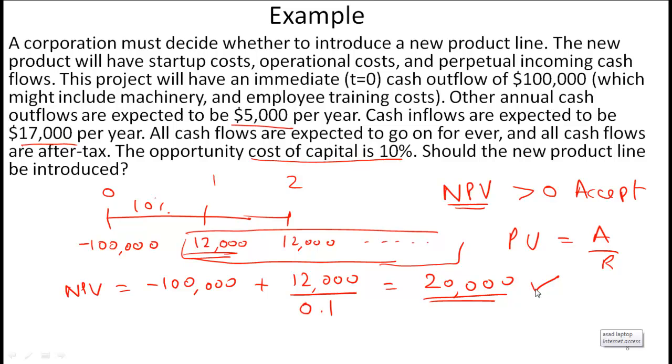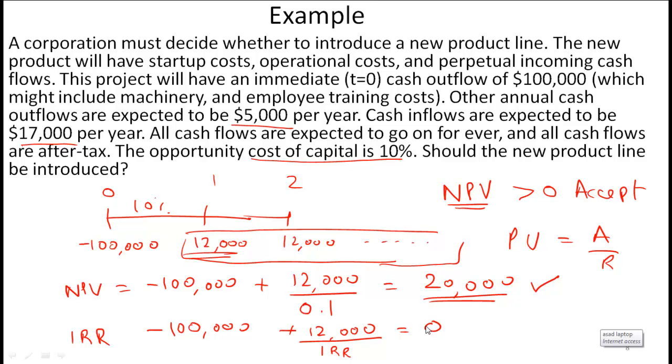How will you calculate the IRR for this project? The way you can calculate the IRR is to figure out the discount rate at which NPV is 0. So now we are doing the IRR calculation: minus 100,000 plus 12,000 divided by the IRR, set equal to 0.